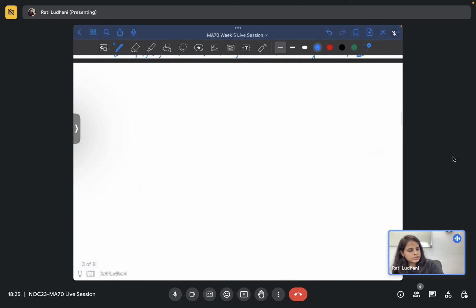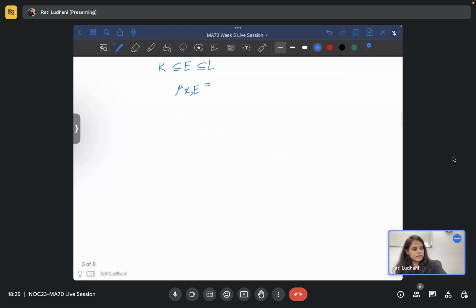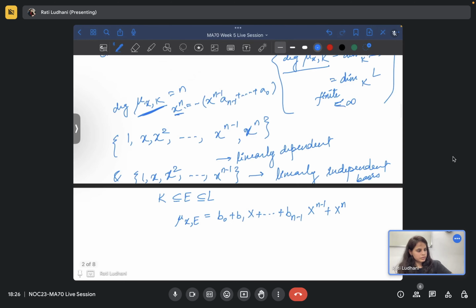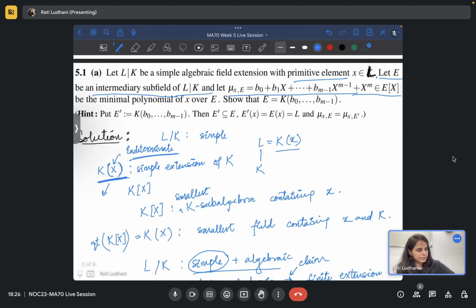You take some E in between K and L, and the minimal polynomial of x over the base field E is given to be b_0 plus b_1 x plus up to and so on b_{m-1} x raised to power m minus 1 plus x raised to power m. I hope n is there. Yeah, m. Okay.